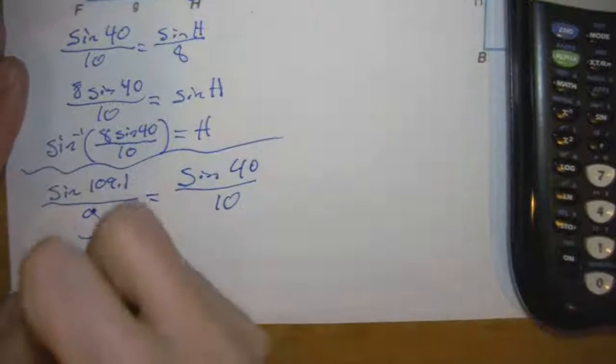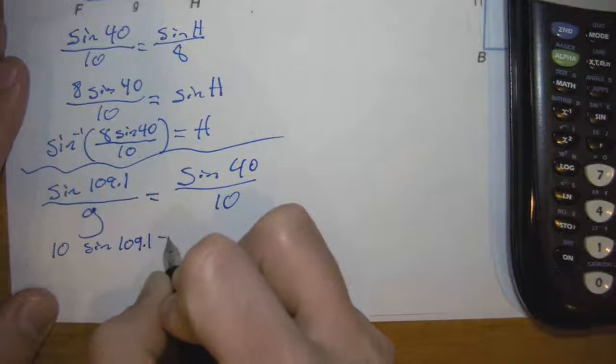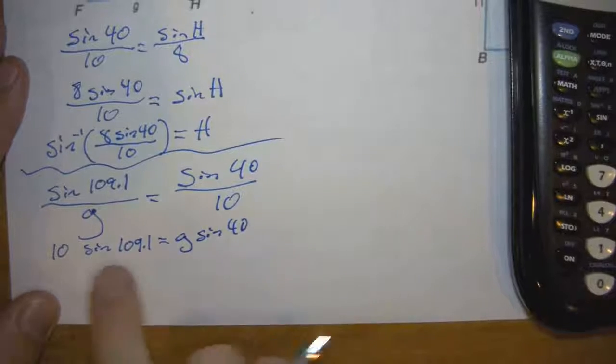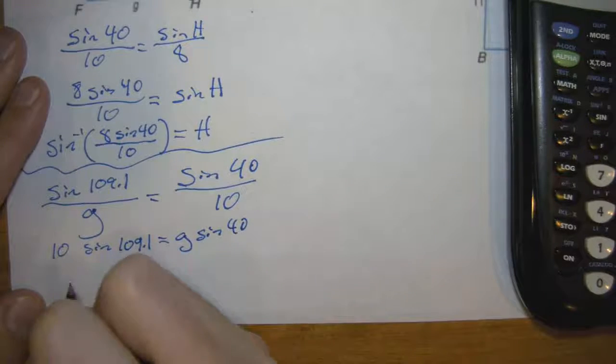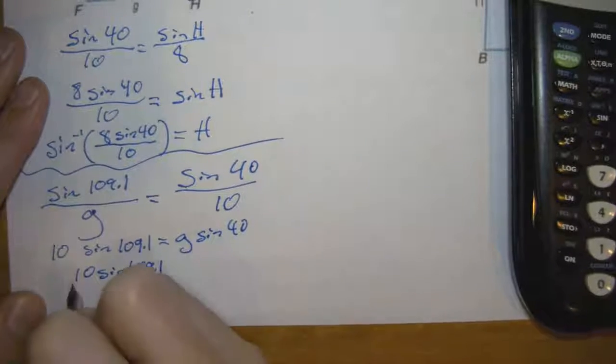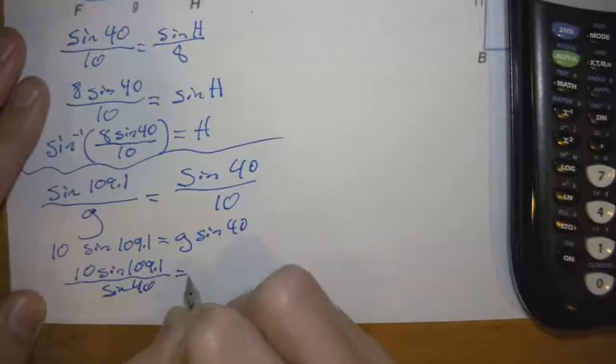Here we go. So 10 sine 109.1 is equal to g sine of 40. And then we'll divide both sides by sine 40. So 10 sine of 109.1 over sine of 40 equals g.